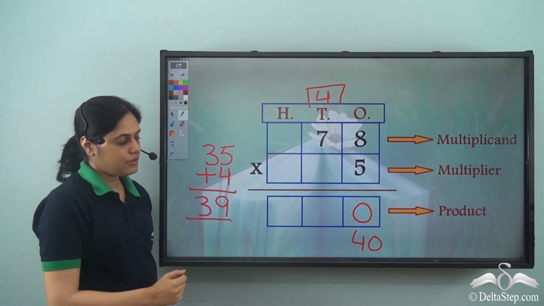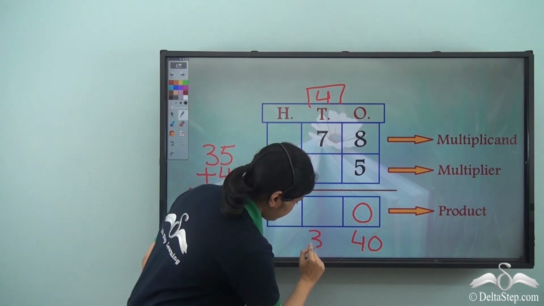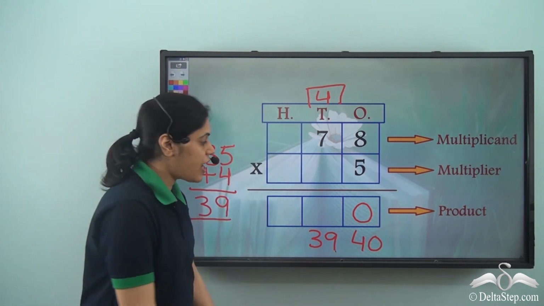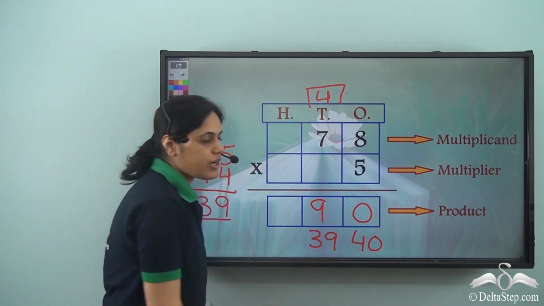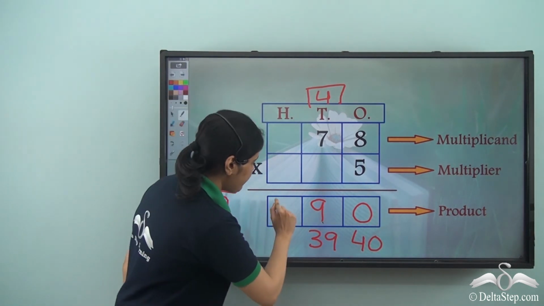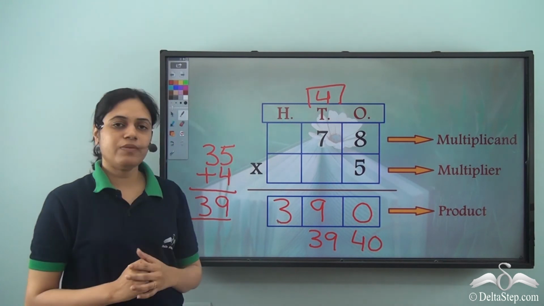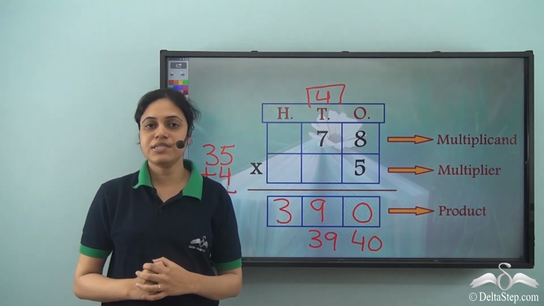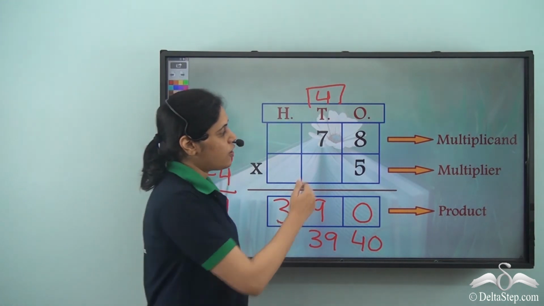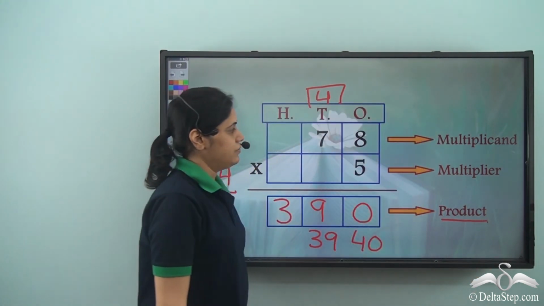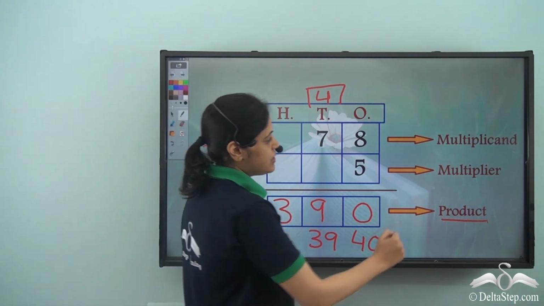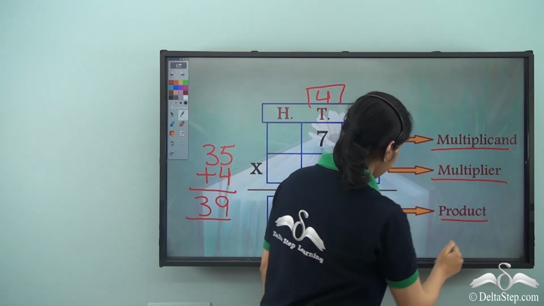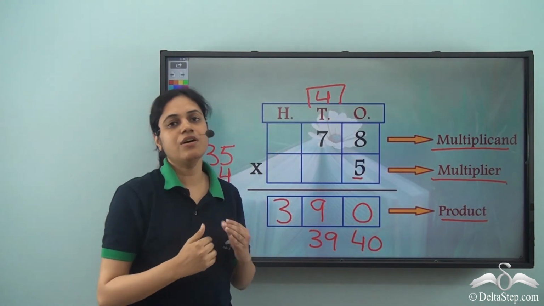So 39. 9, which is on the right, will go to the room on the right. 3, which is on the left, will go to the room on the left. So 390 is the answer, or the product of 78 and 5. So 78 is the multiplicand, 5 is the multiplier, and 390 is the product.